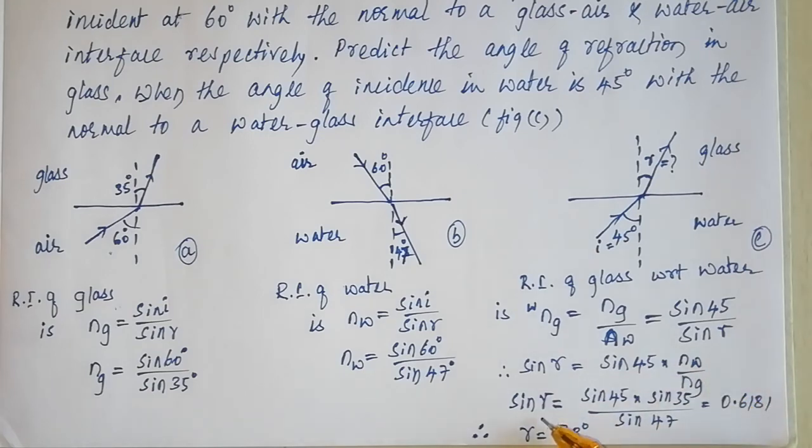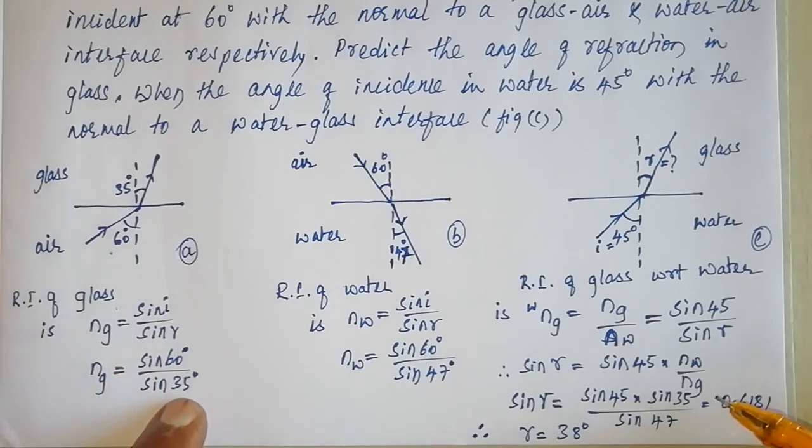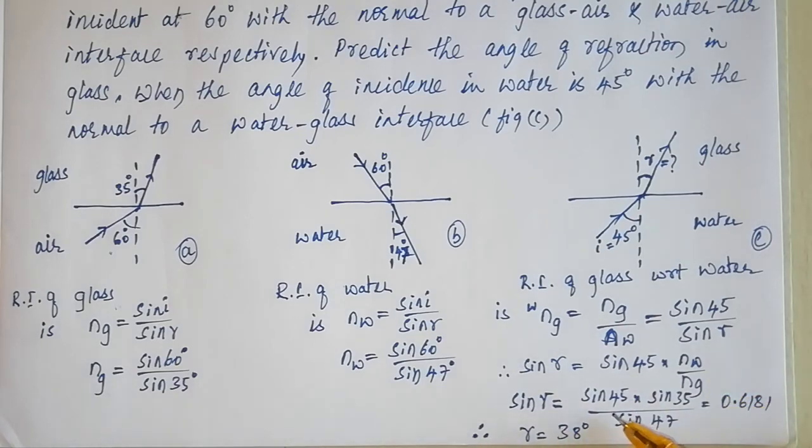Nw we have taken as sin 60 by sin 47, and Ng is sin 60 by sin 35. Sin 60 gets cancelled, so we are left with sin r equals sin 45 into sin 35 divided by sin 47.